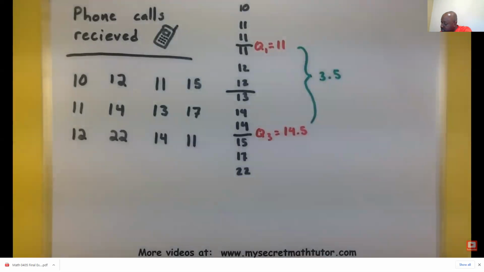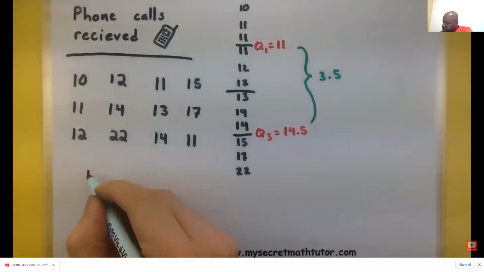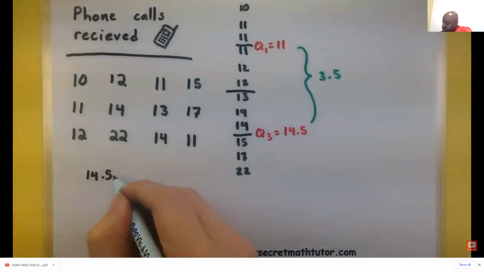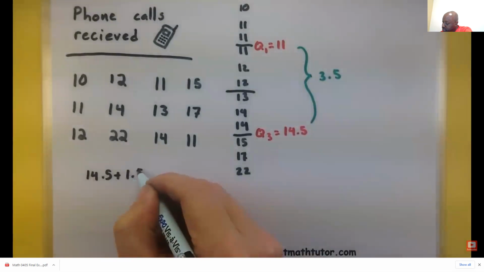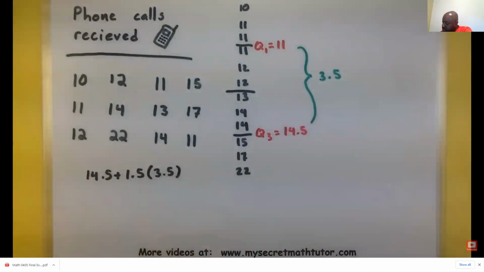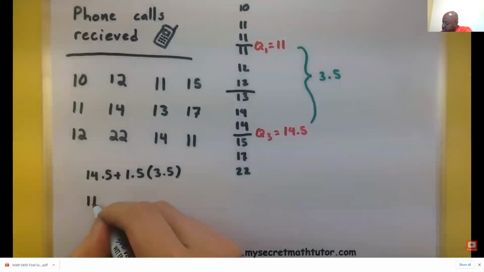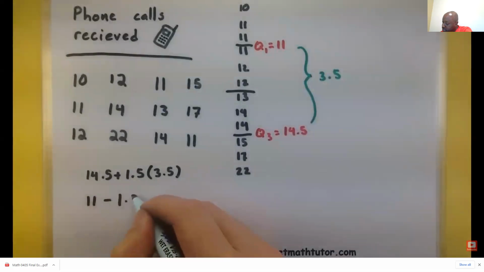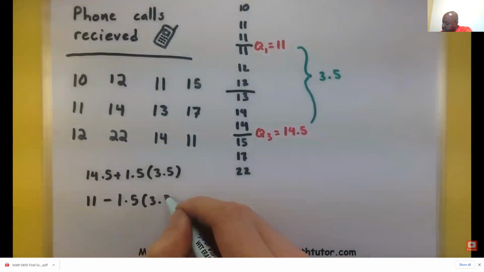All right, we have all of the information we need. Now we can figure out other values, so we can figure out outliers. So to look for an extremely high value, it must be larger than Q3, which is 14 and a half, plus 1.5 times the interquartile range, 3.5. And to find an extremely low value, I would take Q1, 11, and I would minus 1.5 times the interquartile range.